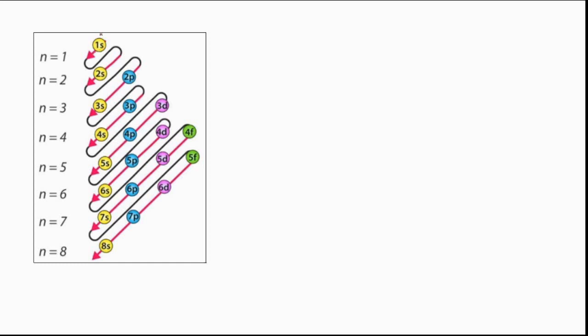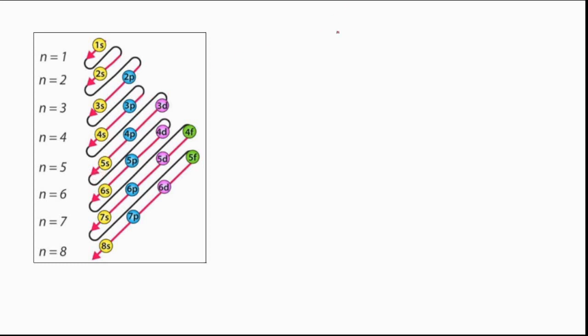First the 1s orbital is filled, and then with this arrow we go on to the 2s orbital. Then the 2s orbital is completely filled. Only then can we go to the 2p orbitals, and after the 2p orbitals are filled, we go to 3s. This is how we have to keep following the arrow.